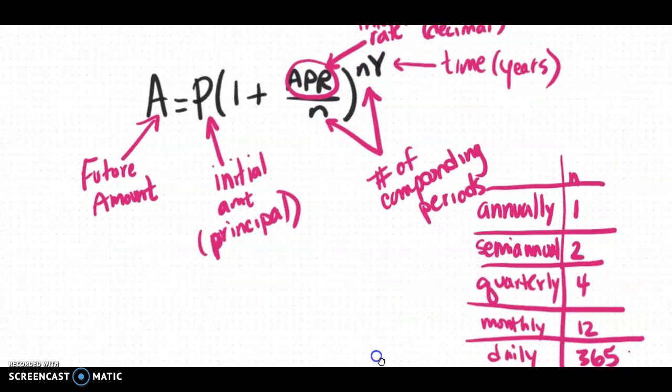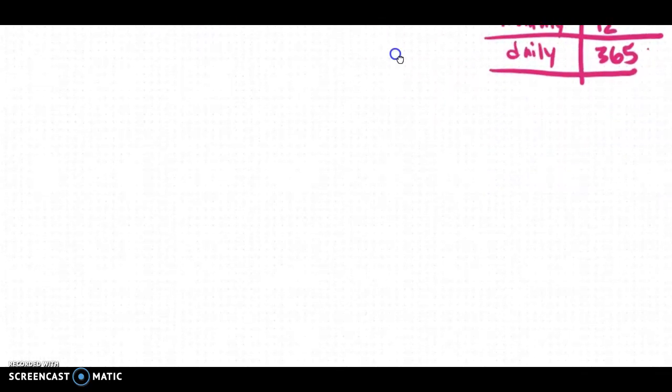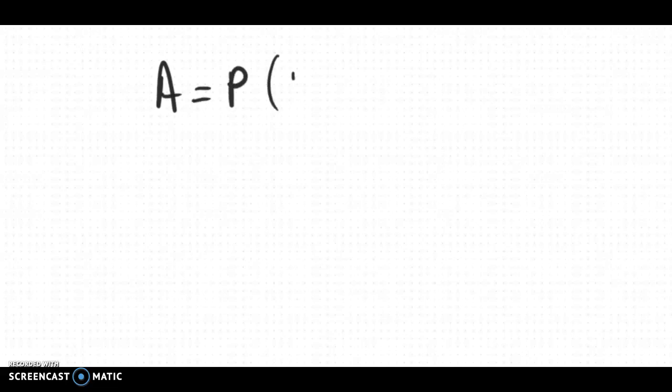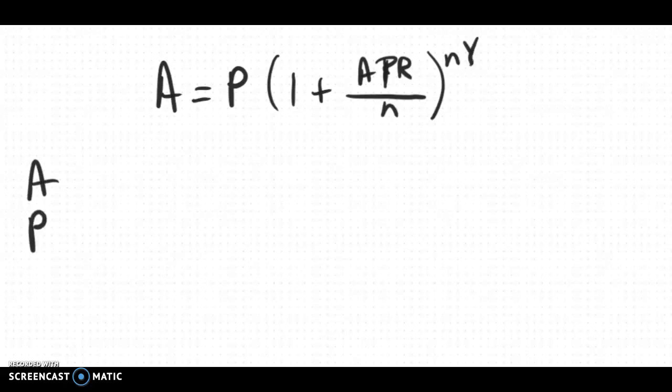So let's use this formula now to complete the problem. What I like to do is write the variables off to the side down below, and then I'll go pick them out of the problem, because sometimes we'll have to read through a whole paragraph to decipher what those variables are.